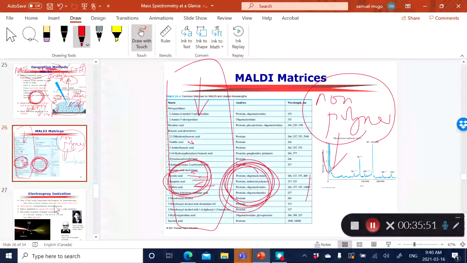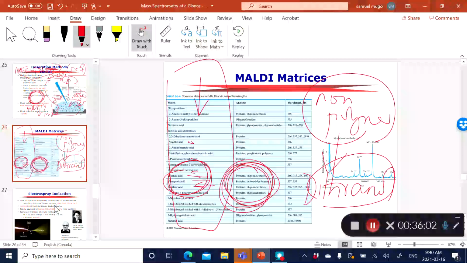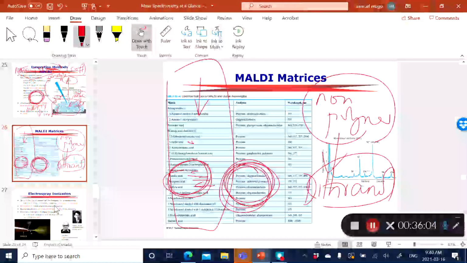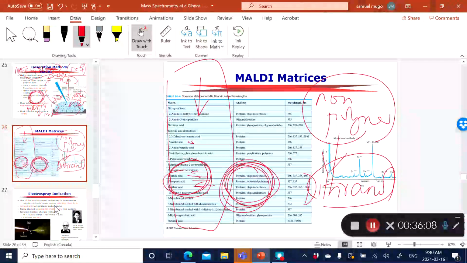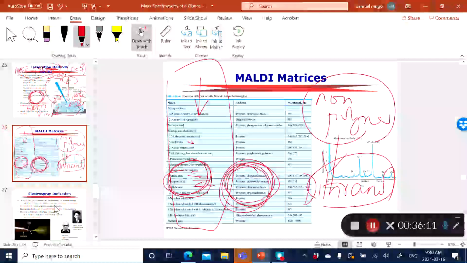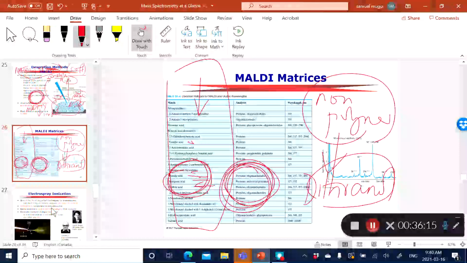You use matrices such as dithranol, and so on. There are many matrices out there. In fact, there's been a lot of research, and I did a lot of that myself, on how you select an appropriate matrix, because right now it's not very clear how you select one other than through experimentation.